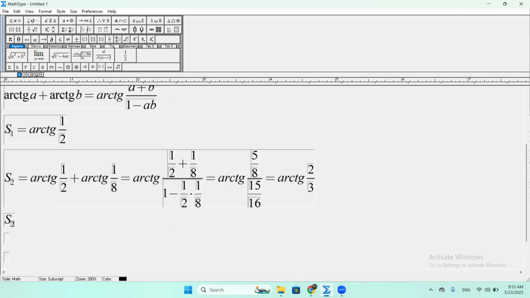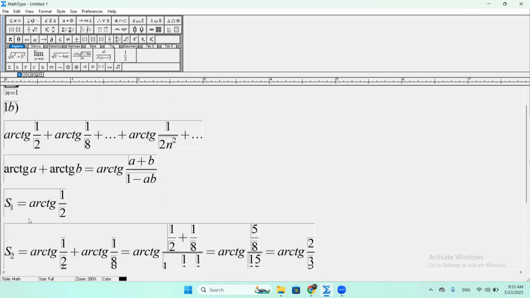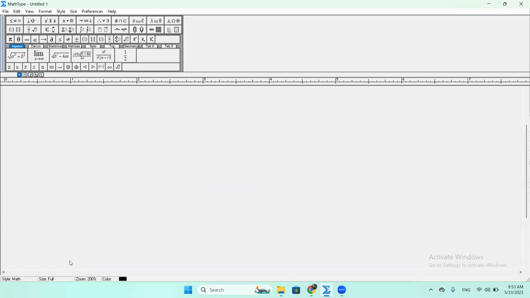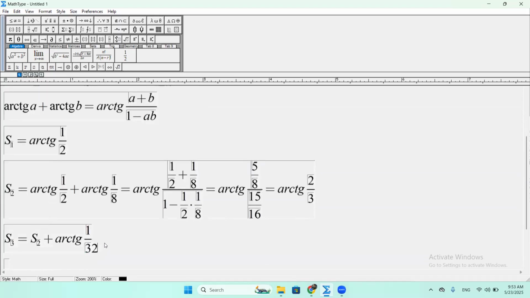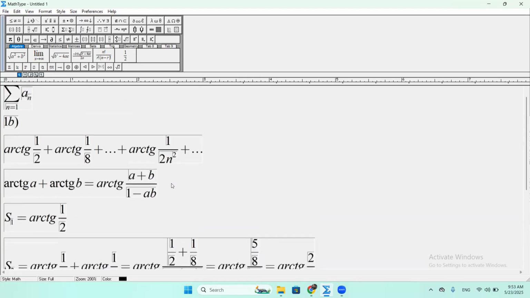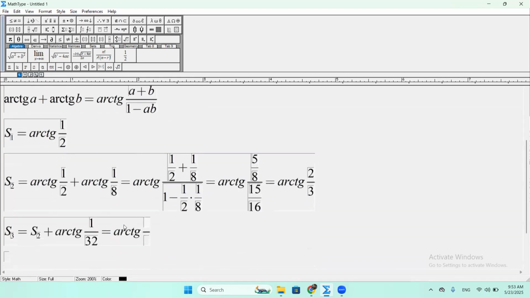Now S3 will be equal to S2 plus the third term, and the third term will be equal to 1 over 32. If I substitute n in power 3, it will be equal to 8, so it will be 1 over 16.